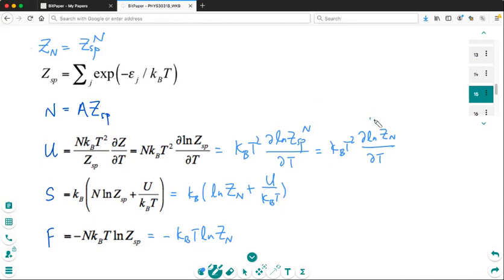Please remember the blue one. The black one, of course, is correct, but remember the blue one because these results are the same expression when we come to discuss gas.